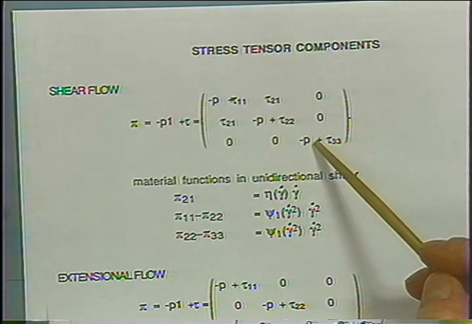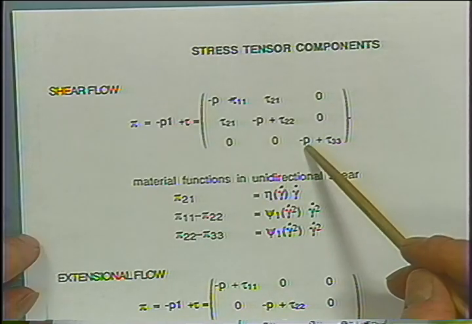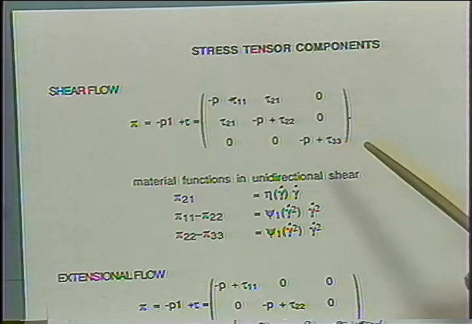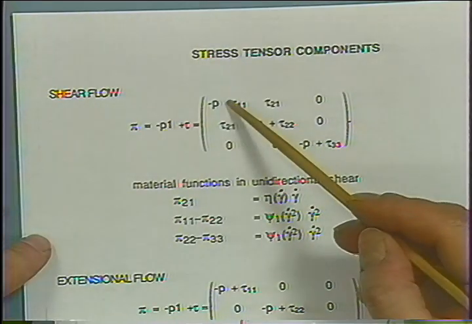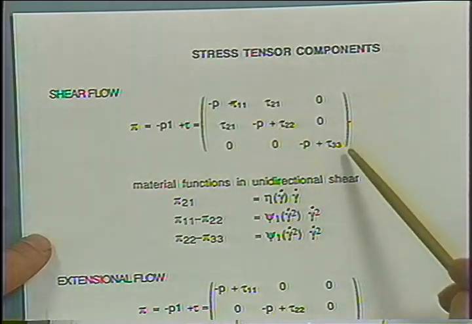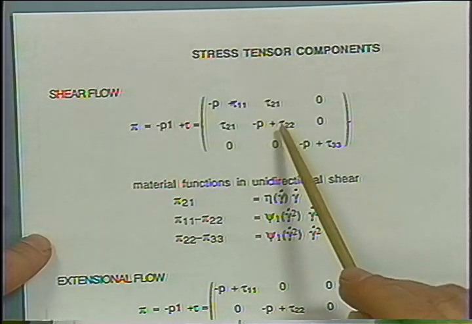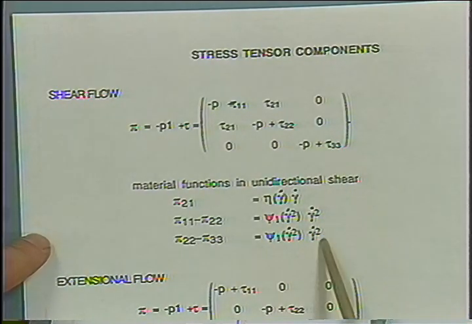We need the boundary condition in a flow to find out what the pressure level is. So that would come in addition. For our material function, we only get the first normal stress difference between those two, tau 11 minus tau 22, and the second normal stress difference between tau 22 and tau 33, and that's down here.